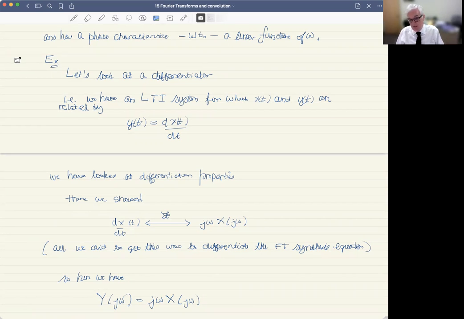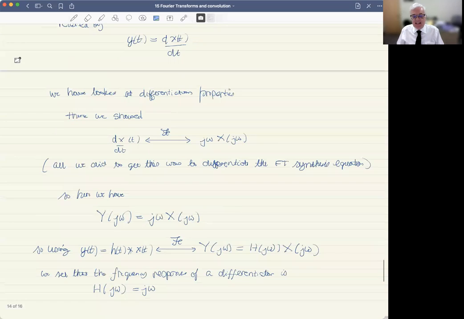We've talked about differentiation properties before in one of the last two sets of notes, and what we showed was that if you differentiate in time, in signal space, you can use the operational result on the right-hand side of this equation to see what happens in frequency space.